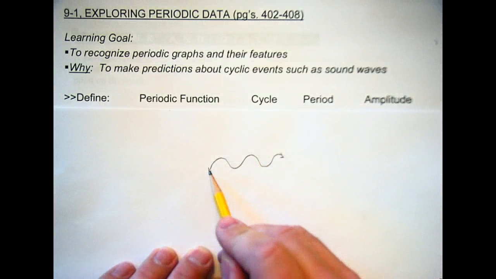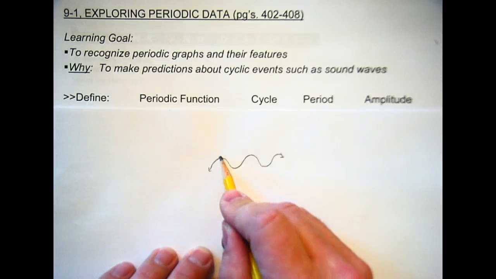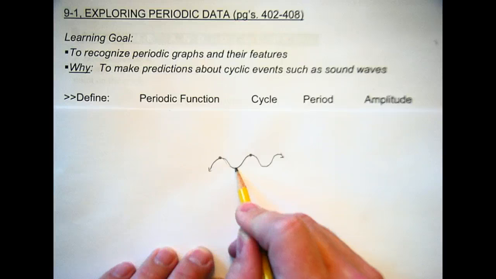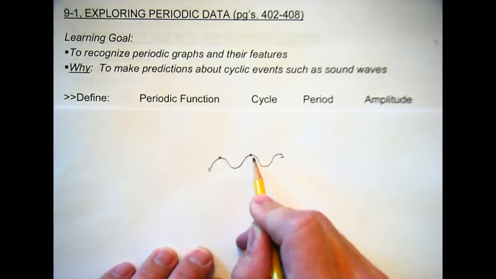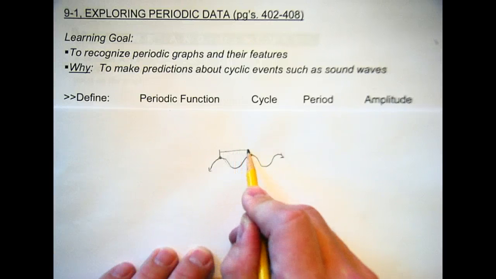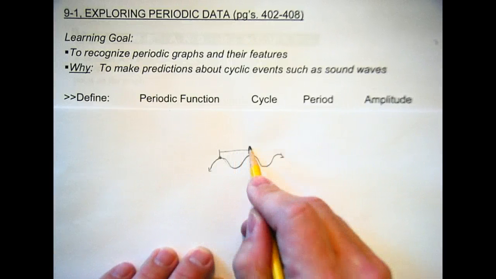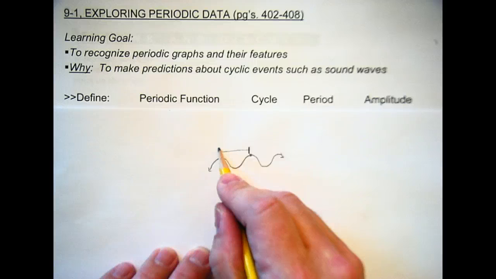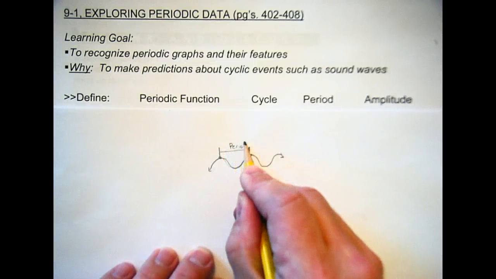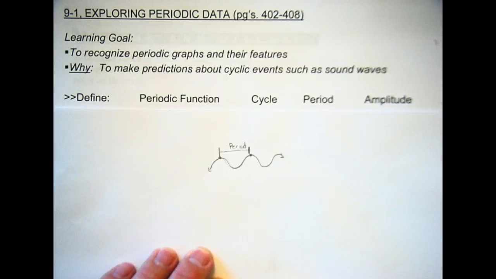Then one cycle would go from, say, here to here. It's where it goes until it starts repeating itself again. That's a cycle. So if you're listing this, the length of that cycle is called a period. Okay? The period is the length of one cycle.